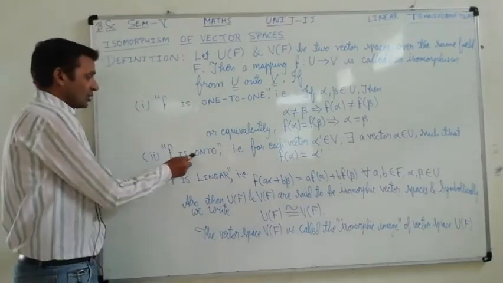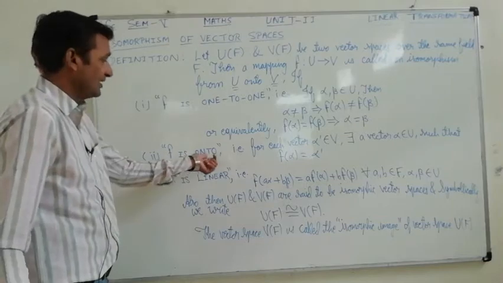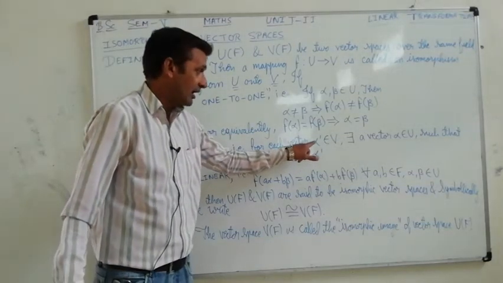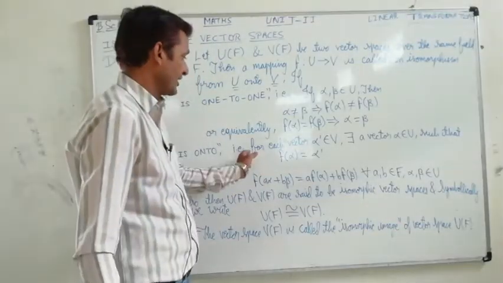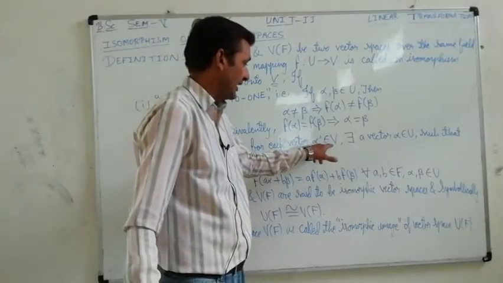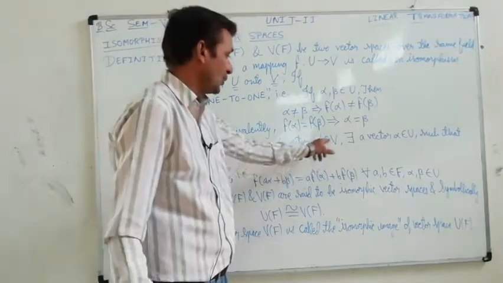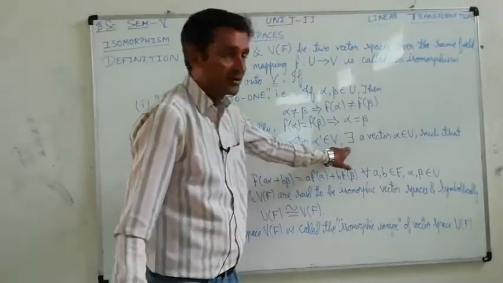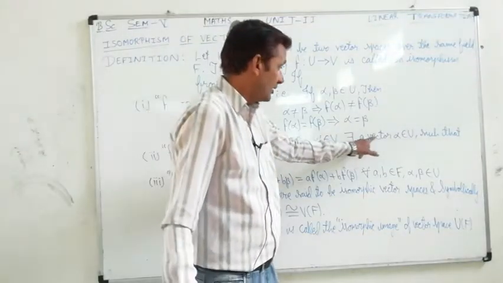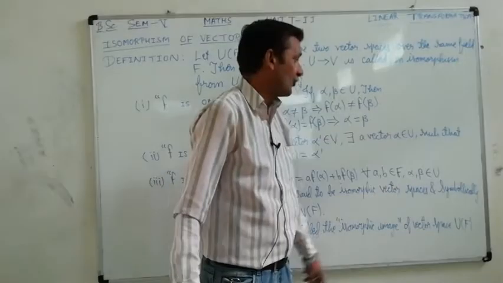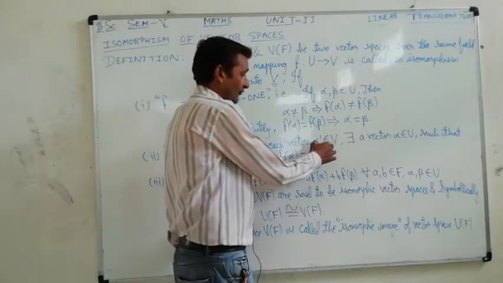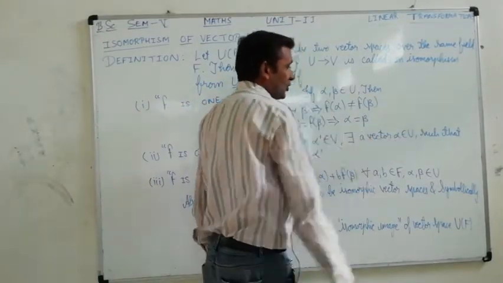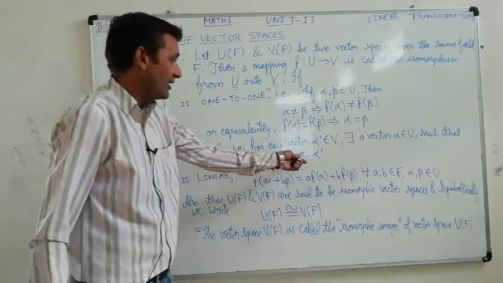Now, f is onto. Let us see what is onto. f is onto, that is, for each vector alpha dash an element of V, we are considering alpha dash an element of vector space V, that is why it is also a vector element, there exists a vector alpha an element of U such that f of alpha is equal to alpha dash.